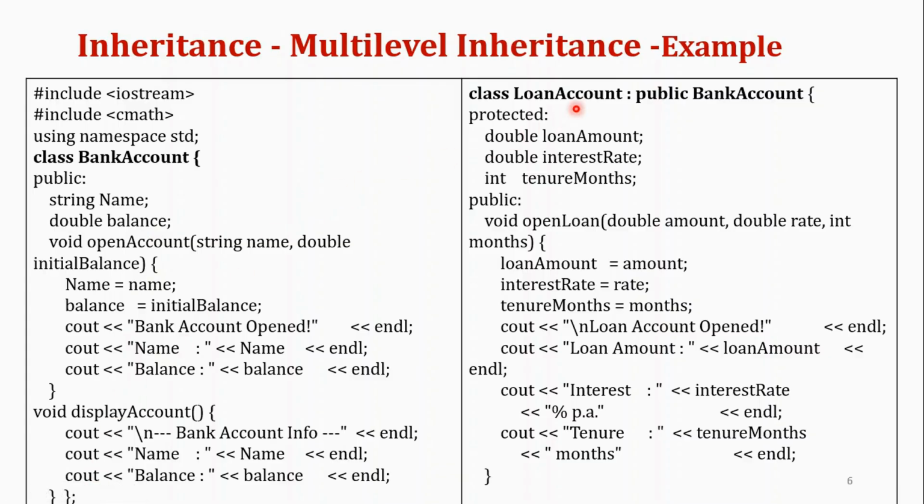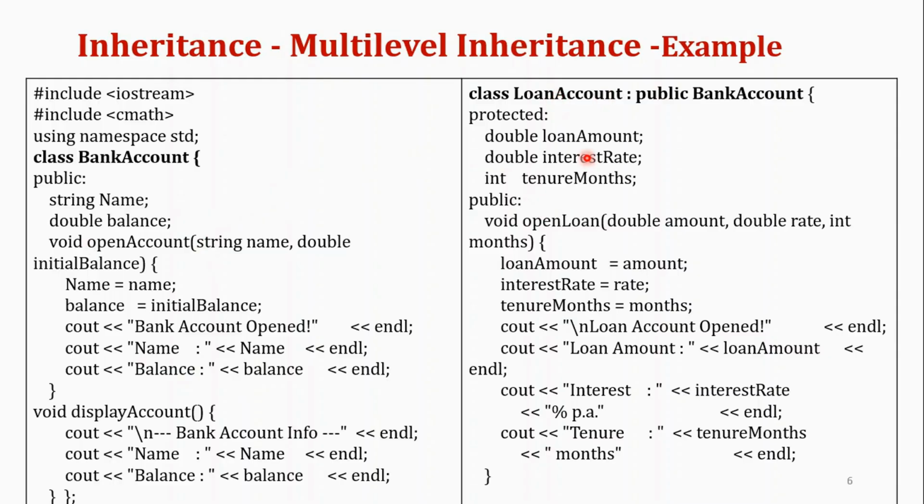Coming to the second class, loan account: class loan account inherits the bank account in public mode. So all the public properties, member data and member functions, variables and methods, are inherited to the public part, the public visibility mode, in the derived class loan account, which means all the public members are available in the public part of the loan account.